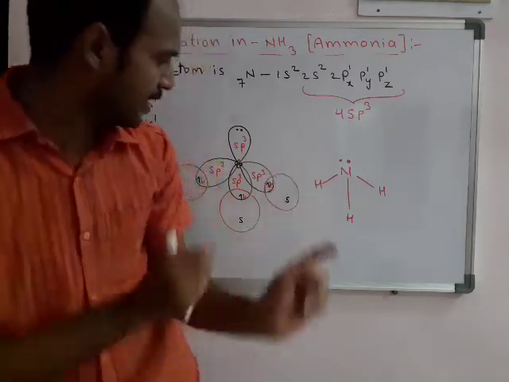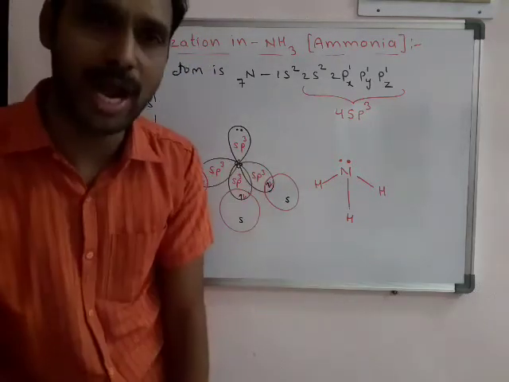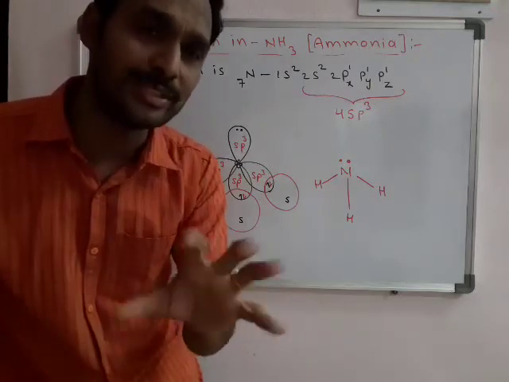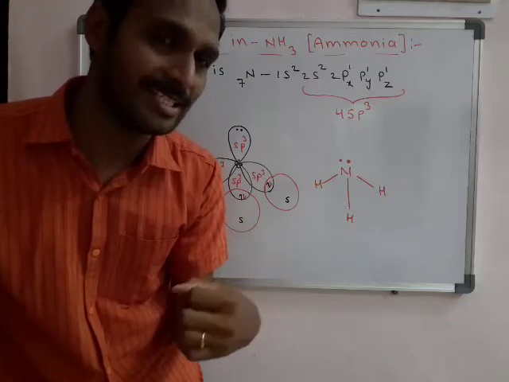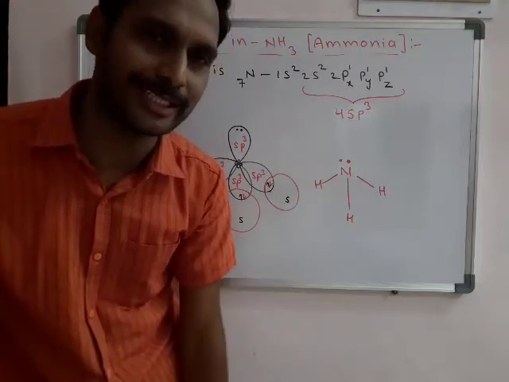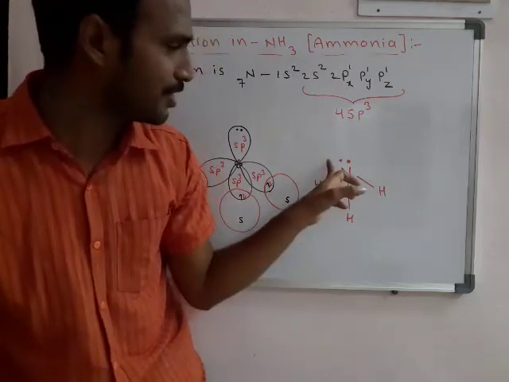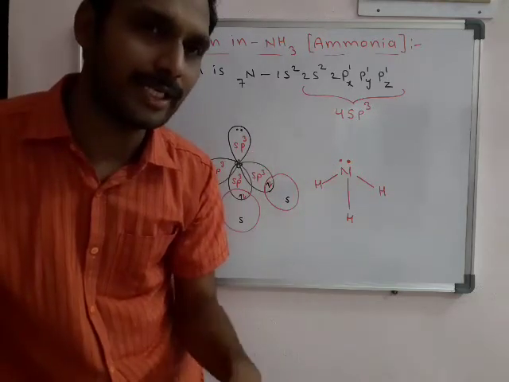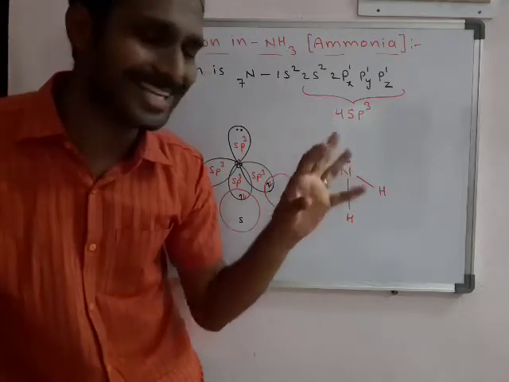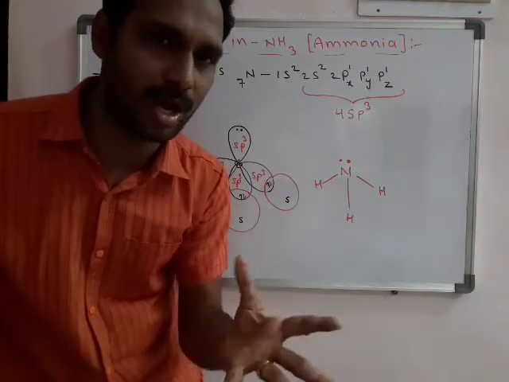No doubt about it, these 4 are arranged in tetrahedral shape. So that is treated as the shape of the orbitals. Next, the shape is generally tetrahedral, but here no bond is formed with the help of one sp3. Normally when sp3 orbitals are arranged, we say tetrahedral.